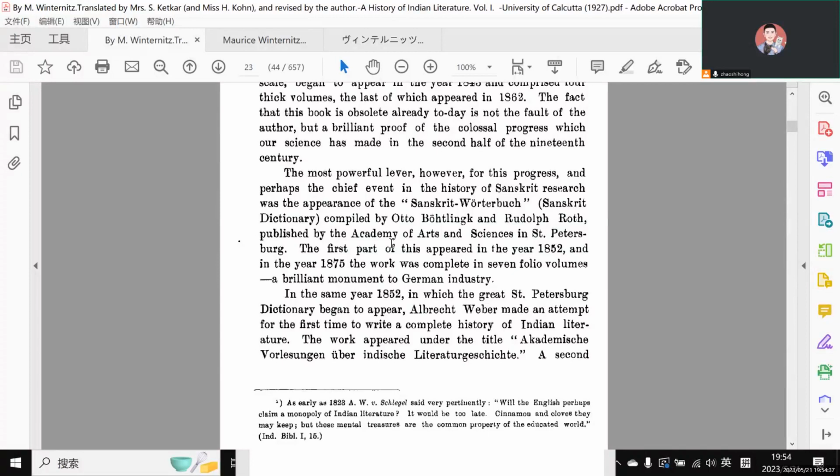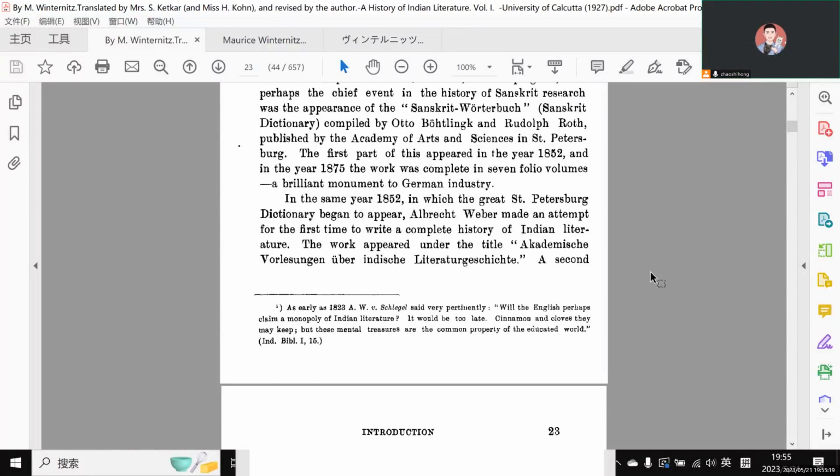It not only includes the mistakes made by Böhtlingk and Roth, but also adds new mistakes in the English one. So when we use the Monier-Williams Sanskrit-English dictionary, we have to be very careful and always remember to have a look at the great PW. That's the thing I hope everybody remembers today.